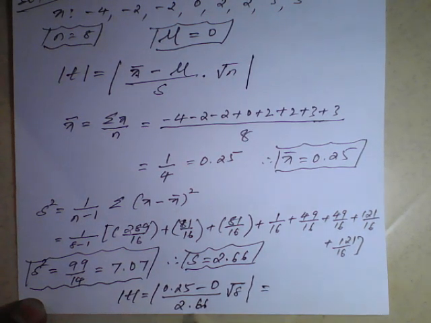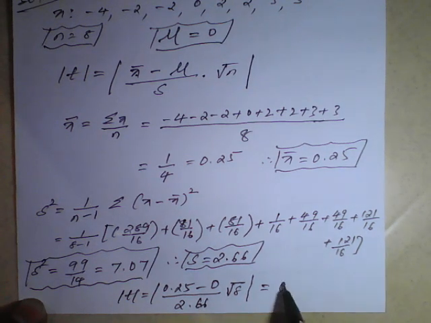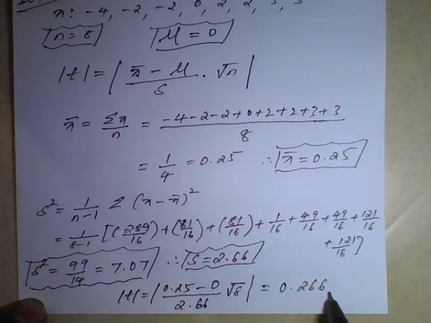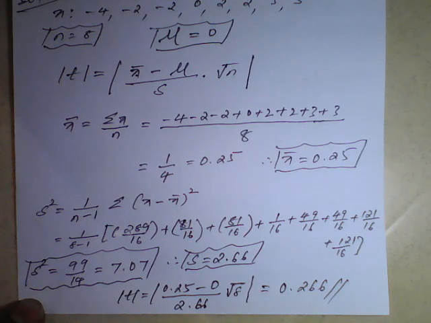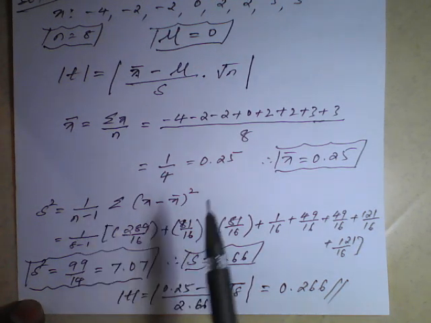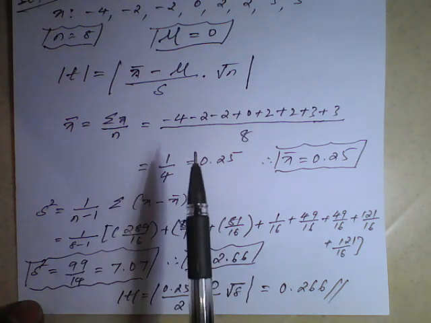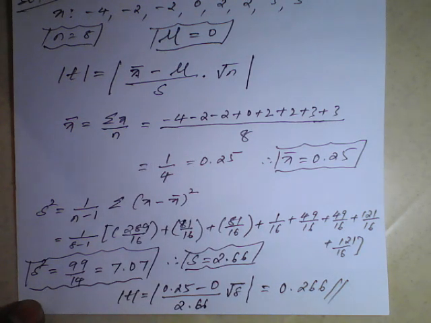So on simplification, this t value we will get finally as 0.266. So in this way we need to calculate the student t distribution. Here they have not told whether it is accepted or not. So we'll just find the value of t and stop here. In the next example we'll see how they ask whether it is accepted or rejected. We'll see now.